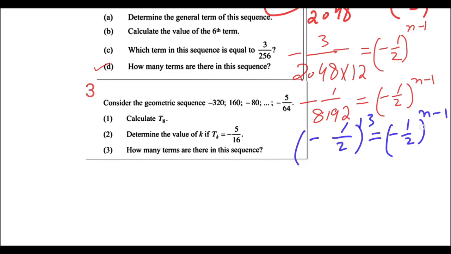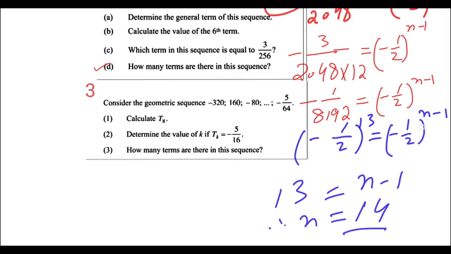The bases are the same, so I can equate the powers. So n minus 1 is equal to 13, so n is equal to 14. There are 14 terms in this sequence.